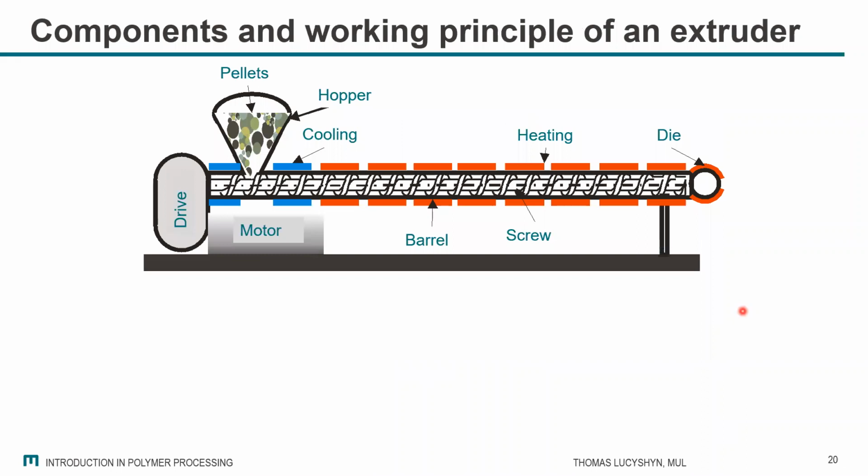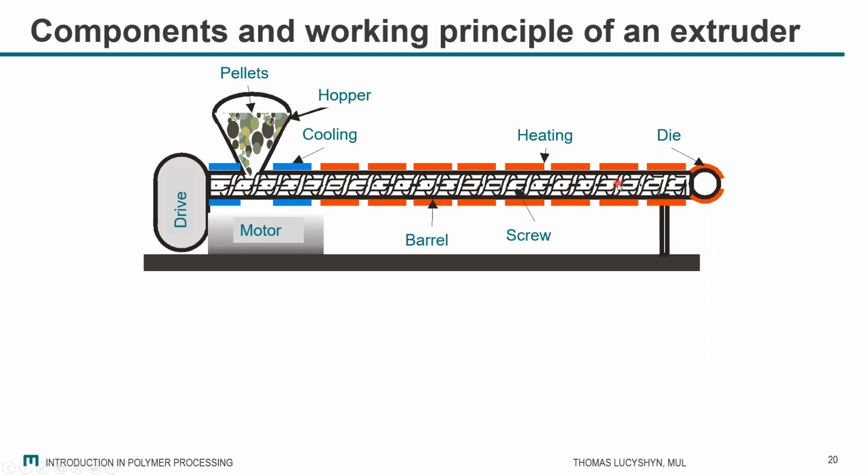I'd now like to explain a little bit the working principle of such an extruder. Basically, an extruder consists of a barrel, which is a metal cylinder with some heater bands outside so that you are able to heat the material, because we need to heat it for thermoplastic melting. The core of this extruder is the screw inside.